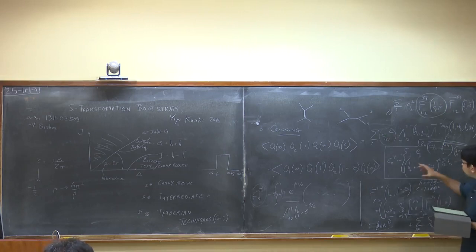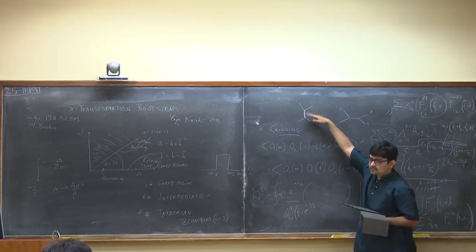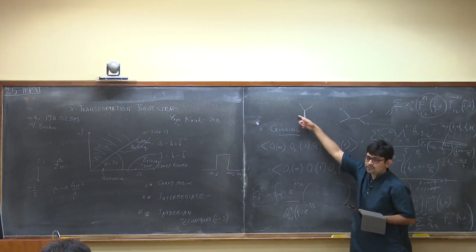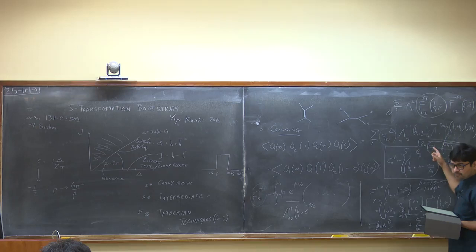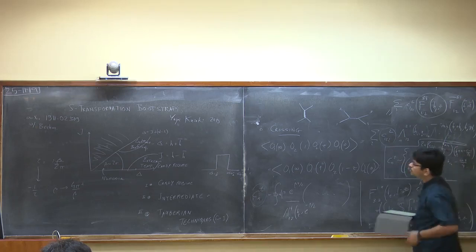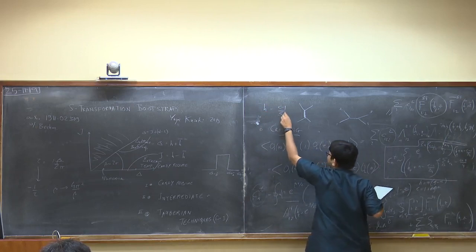And if all the external operators are in the continuum regime, then you don't have this piece, you just have this piece. So the behavior of the things exchanged changes a lot depending on the external dimensions. And if you take all the operators to be the same, this happens precisely at h equals c minus 1 over 32.